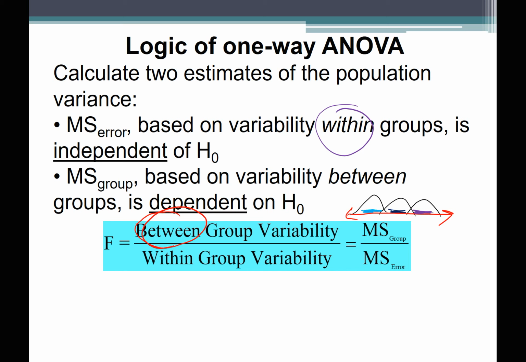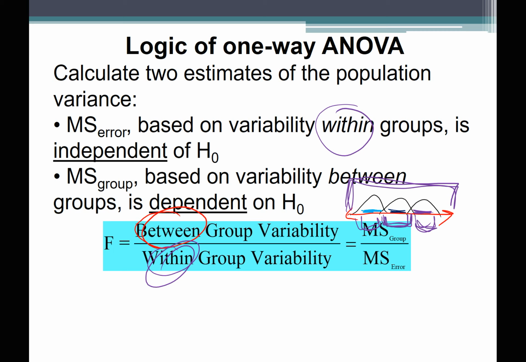And we actually end up averaging that out. So that's the within. We take this difference that goes all the way across and we divide it by the average of these little differences. So if this difference all the way across is really big compared to the difference just within each one, then we get a really large F value.